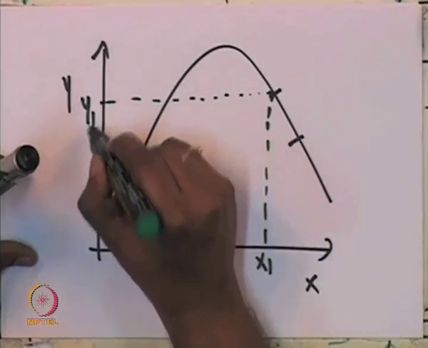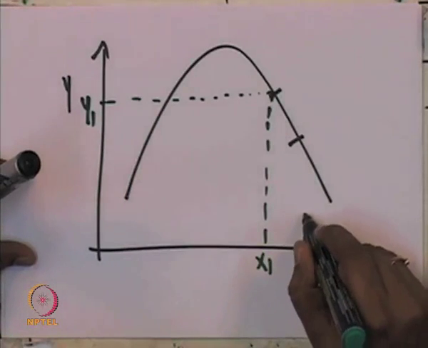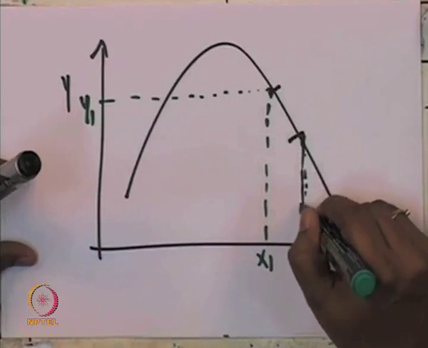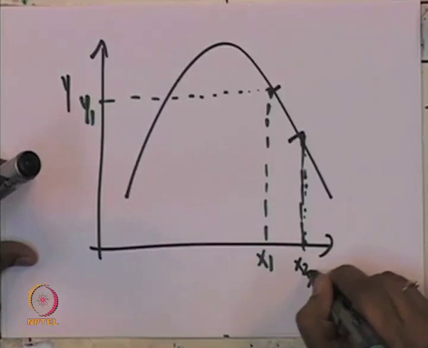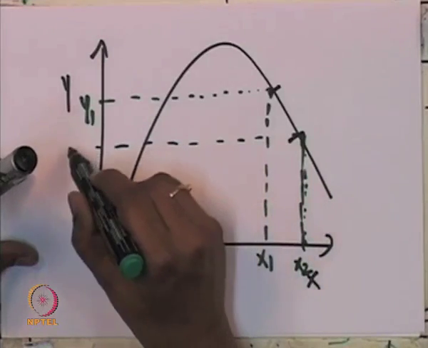Now, let us mark x2. This is the value x2, the corresponding point here is y2.